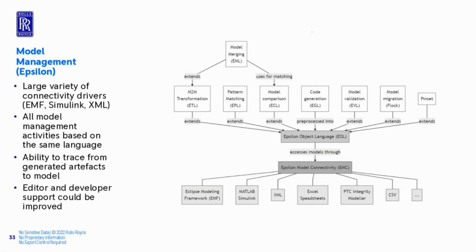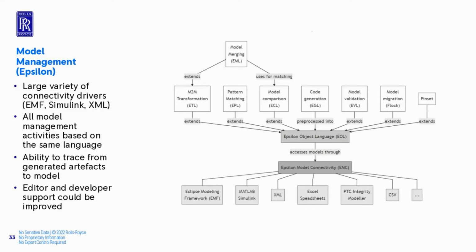So the Epsilon framework is a family of tools which supports model management activities such as code generation, model validation, and model transformations. We found it really useful to have dedicated model management languages such as ETL, which is the model-to-model transformation language, and EGL as well, which is the model-to-text transformation language.